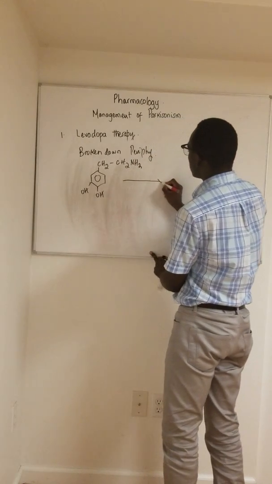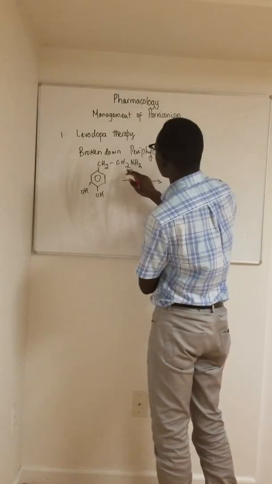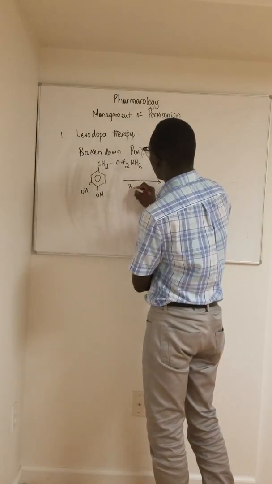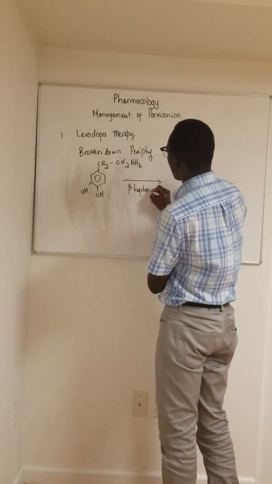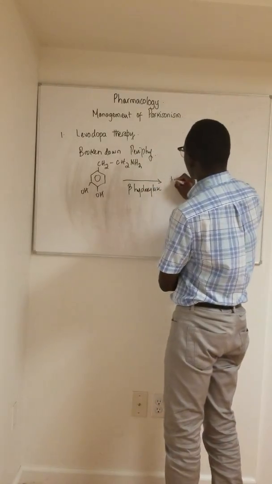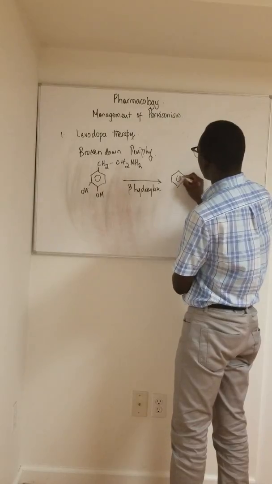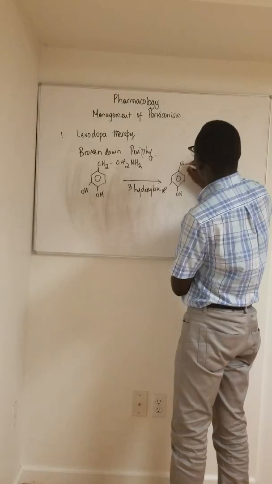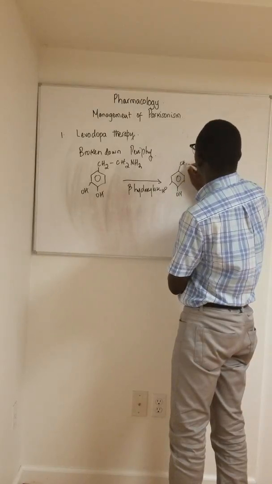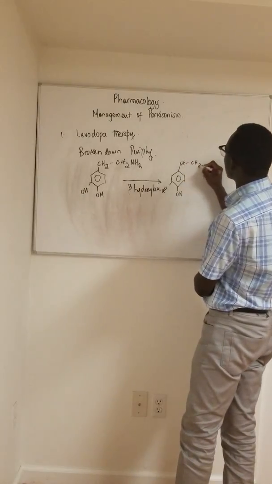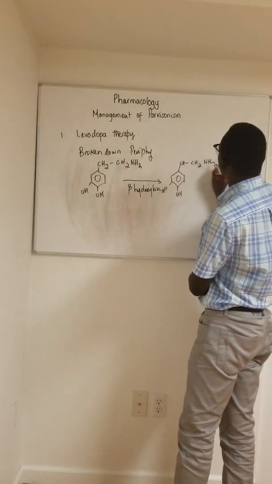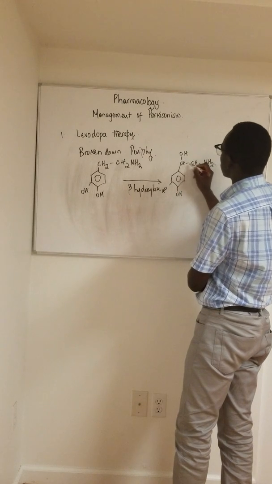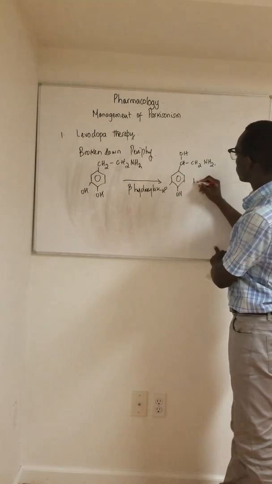So this dopamine, when it undergoes beta hydroxylase, forms norepinephrine. So now this is norepinephrine.